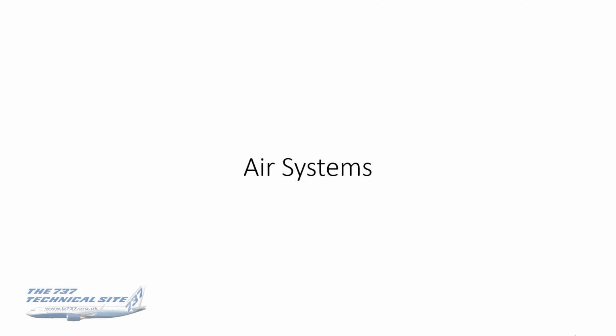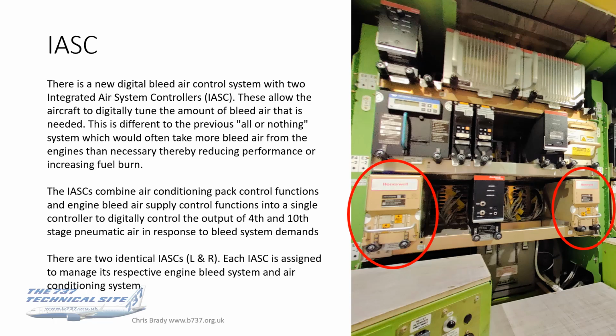Air systems. Okay, you will see in the FCOMs references to the Integrated Air System Controllers, the ISCs, and this is what they look like. So that's in the E&E bay of a Max, and you've got two identical units there.